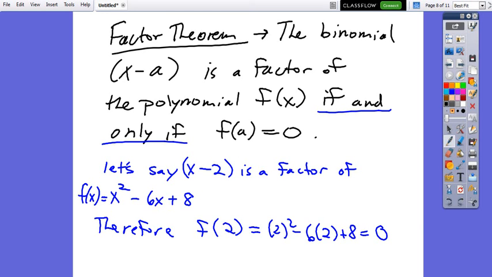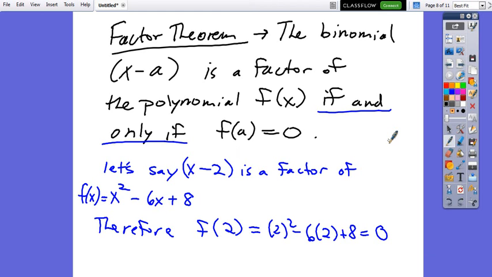The factor theorem and the remainder theorem go hand in hand. The factor theorem says that the binomial x minus a is a factor of the polynomial f of x if and only if, when I plug a into the function, I get 0. That tells me that a is a root, right?